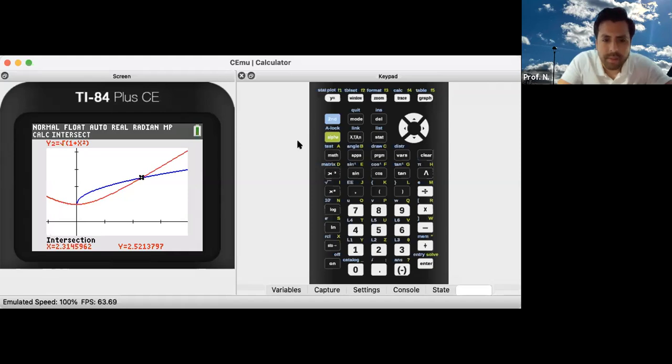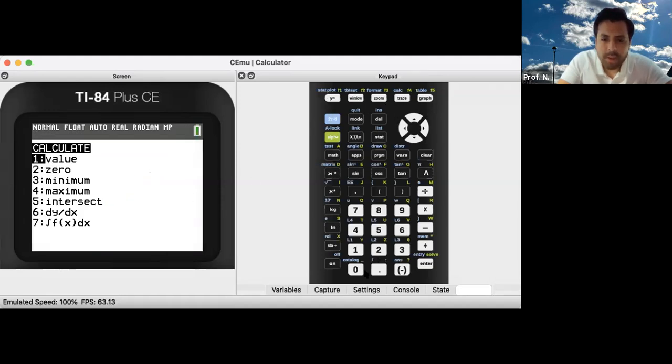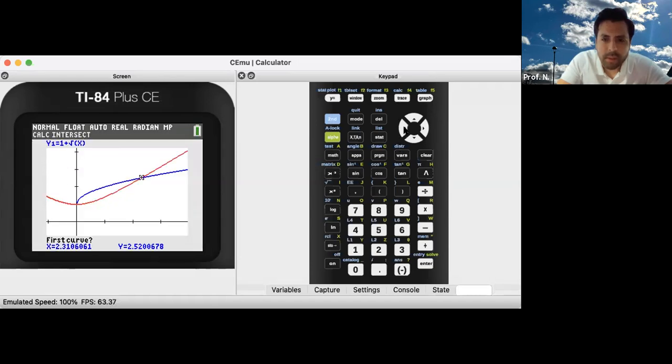And then the other one seems to be where? The other intersection point is going to be where they both cross the y-axis, and it should be apparent what the coordinates will be. If we just try it again, it's going to guess.